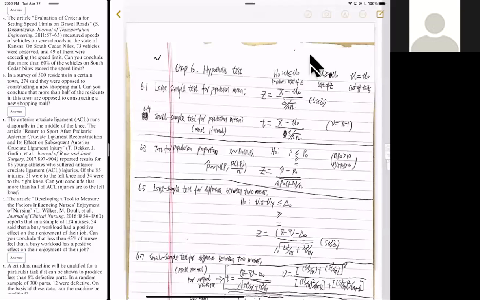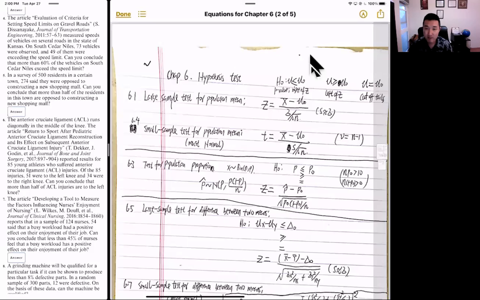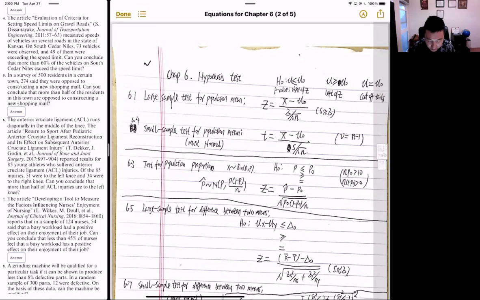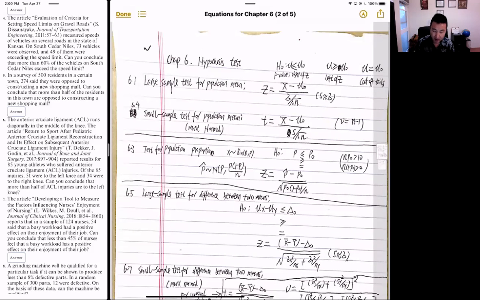Here is a list of equations I wrote down. You can see I put down different situations, but all for hypothesis tests. I put similar things side by side. For example, for the test for population mean, we have a large sample and a small sample, coming from 2 different sections, section 6.1 and 6.4.